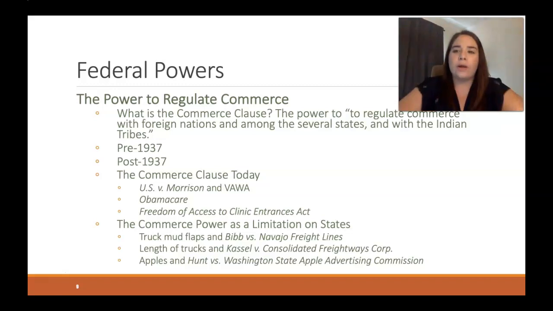And requiring all Americans to have health insurance and requiring all employers to provide health insurance or access to health insurance, all of that was a situation that would regularly impact interstate commerce.